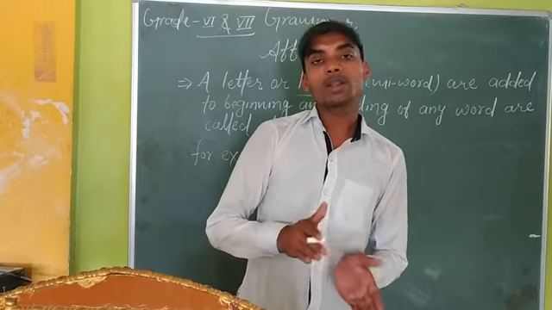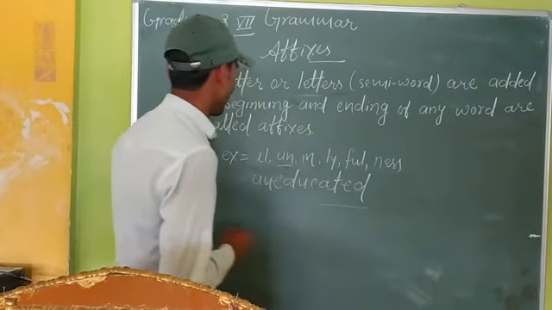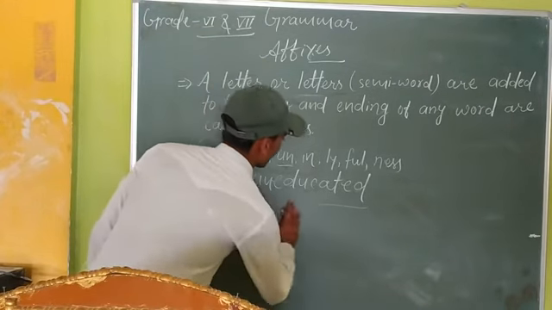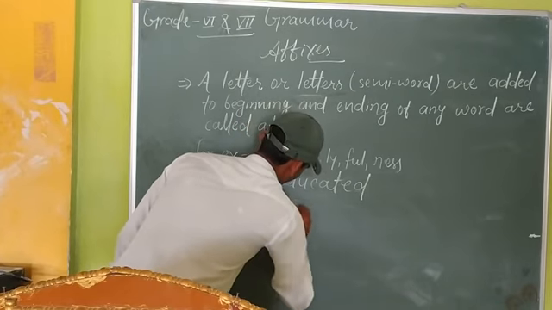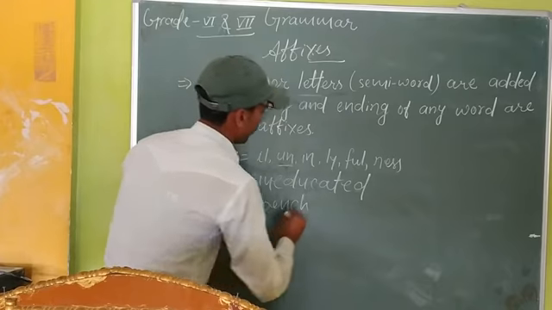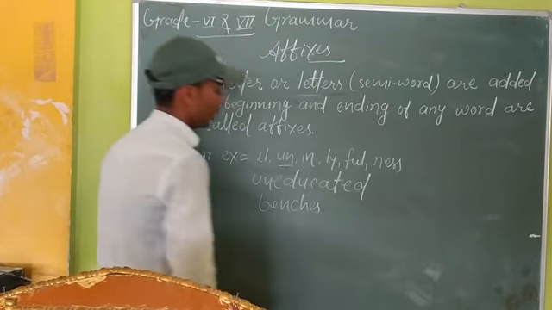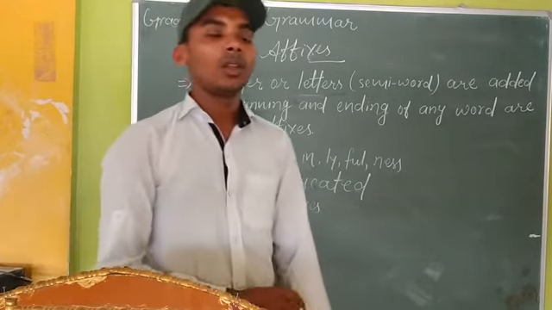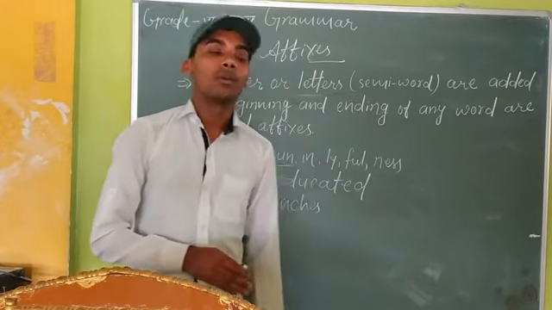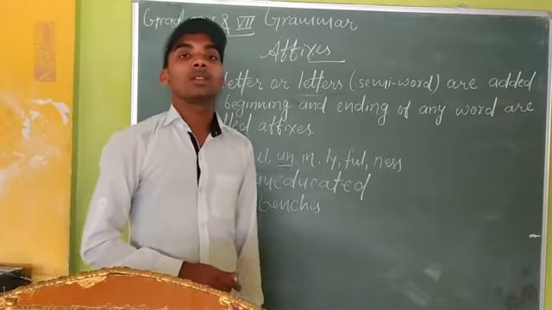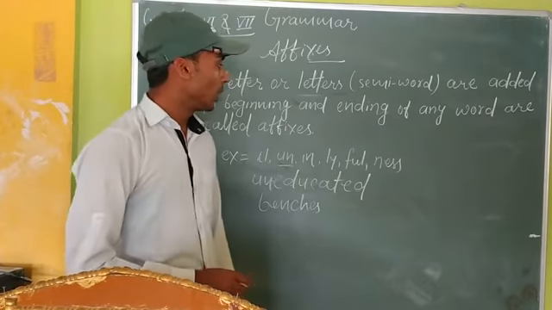Now it is providing the completely opposite meaning. Next example, if you are taking bench, and if you are adding the letters es, then this noun has changed its form. Now this noun is working as the plural form of the noun.